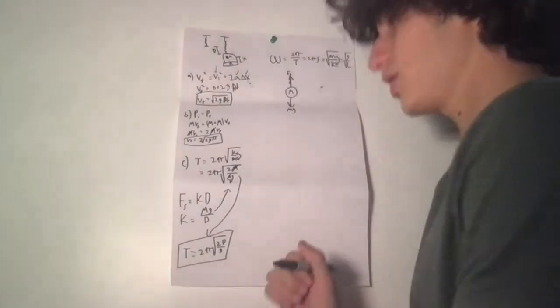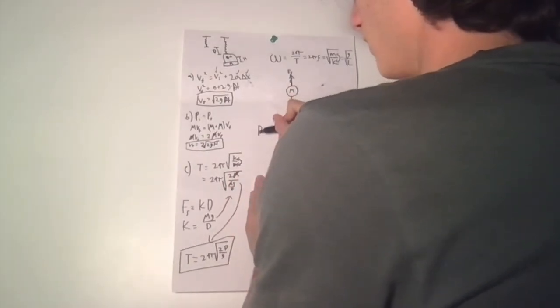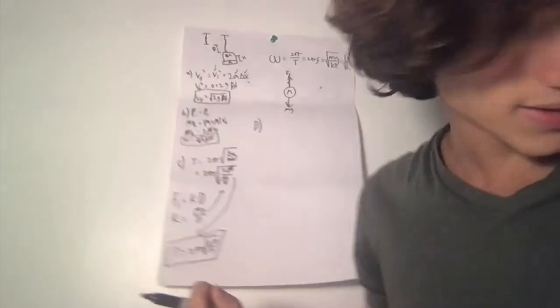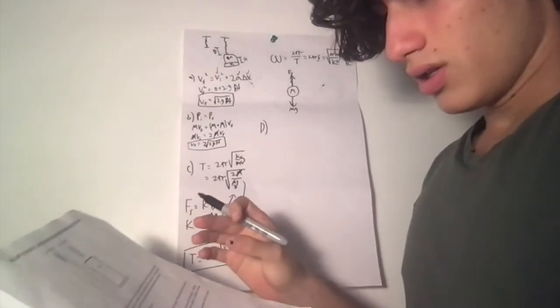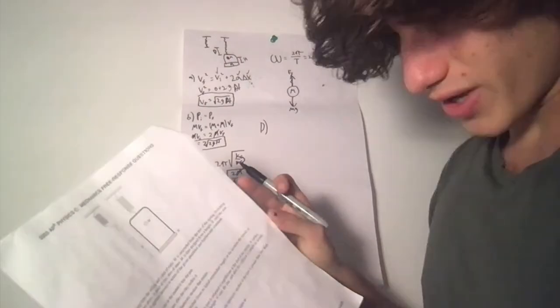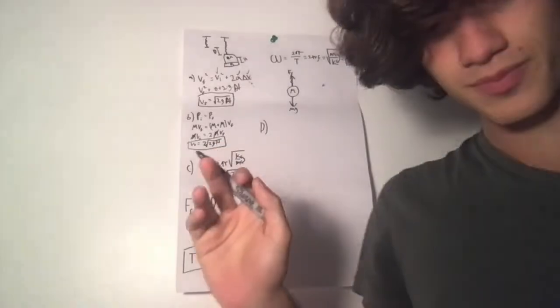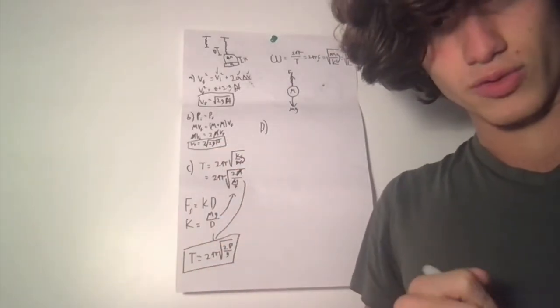All right, on to D and E. These last two are actually going to be easier. So we're at D right now, and they ask us to determine the distance the spring is stretched from its initial unstretched length at the moment the speed of the pen is a maximum. Justify your answer. So let's think about this conceptually for a second.